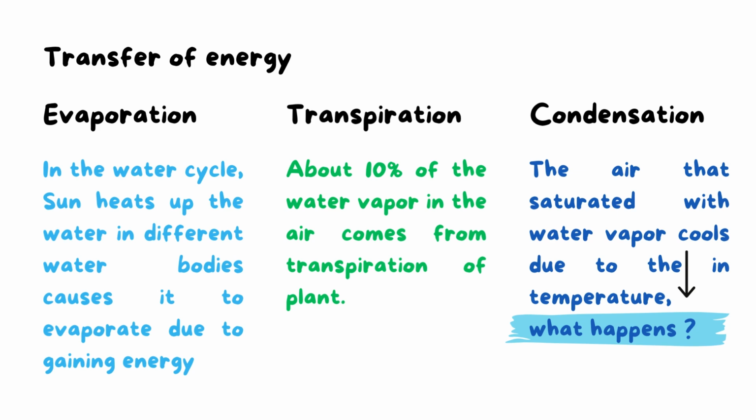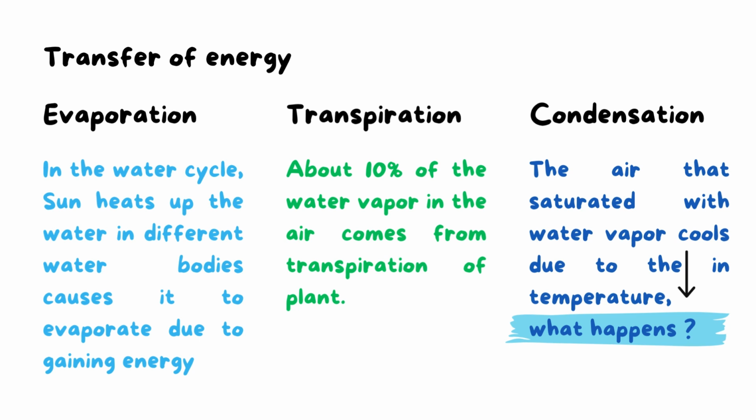We will talk about how energy is transferred in these three processes. Evaporation: in the water cycle, the sun heats up the water in different water bodies, causing it to evaporate due to gaining energy.